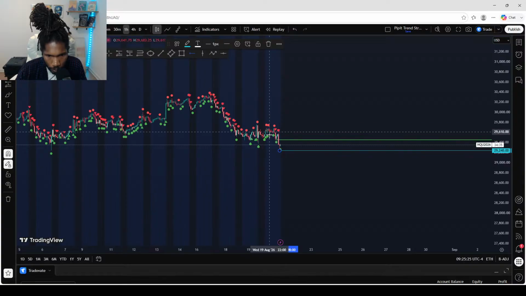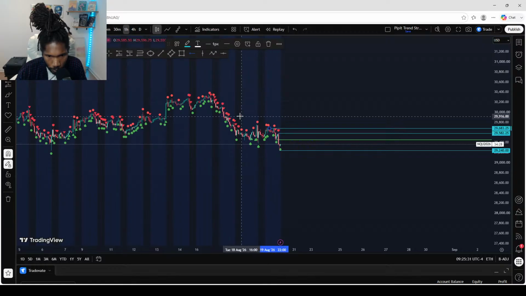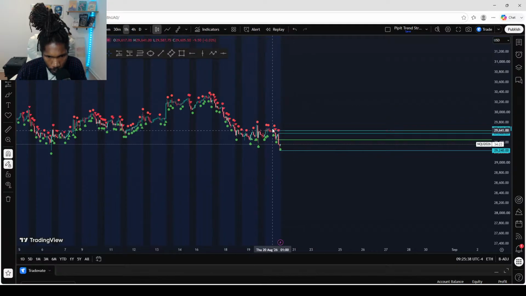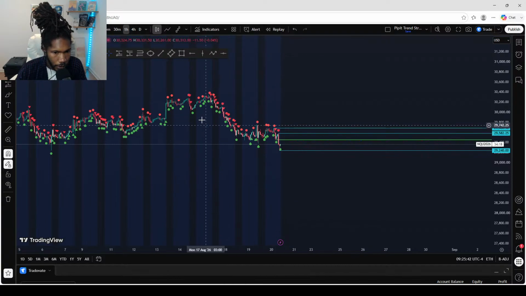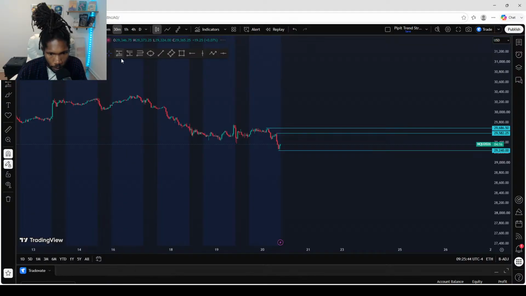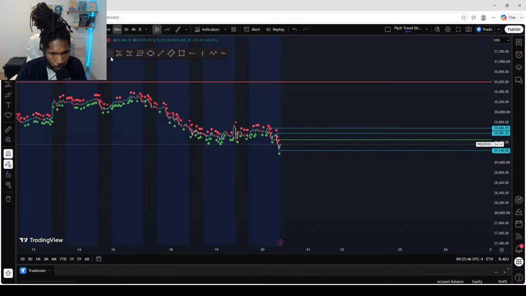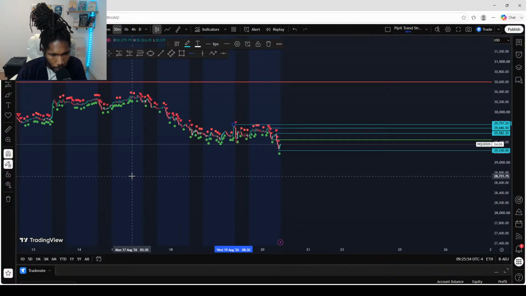Let's do that. Boom. Boom. Boom. That's on the hour time frame. Let's go down to the 30-minute. Pretty much the same. We have some levels up here. That's about it.